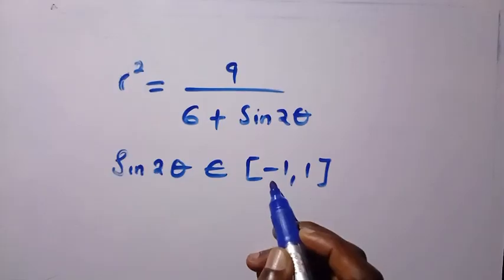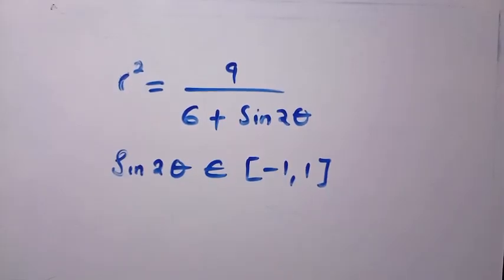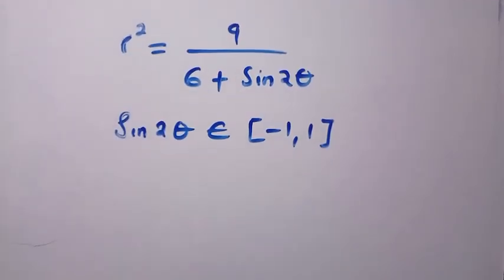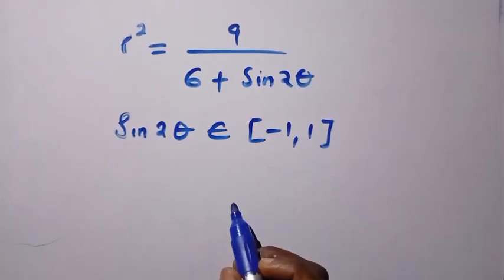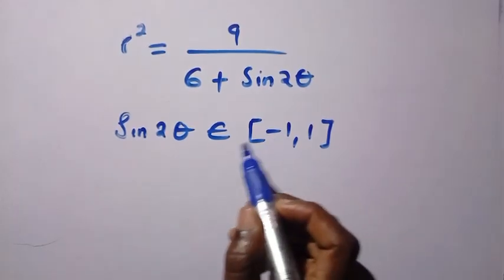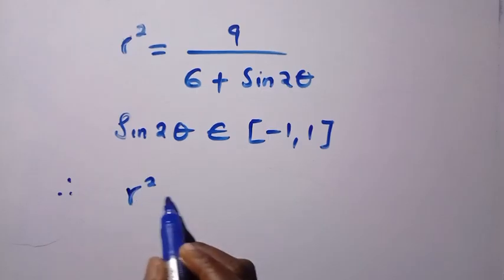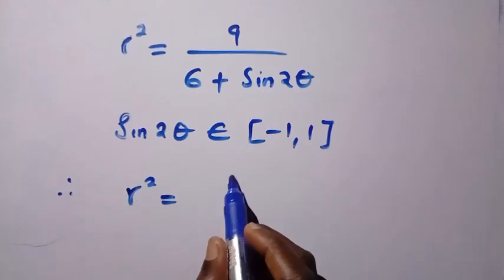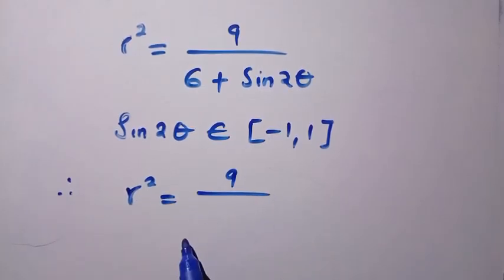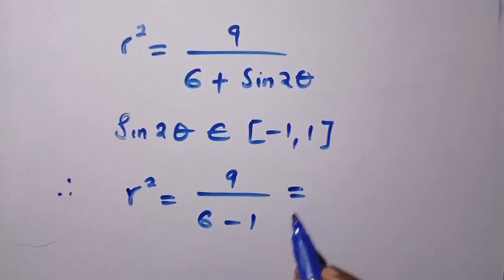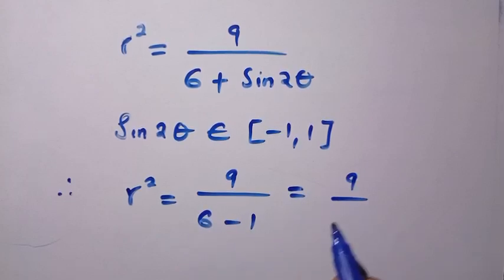That is, the minimum is -1 and the maximum is 1. If you now consider these two separately, suppose we consider the negative part, we have r squared equals 9 divided by 6 minus 1, and that gives us 9 divided by 5.